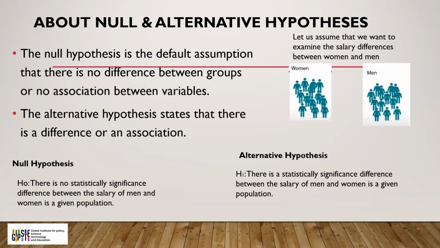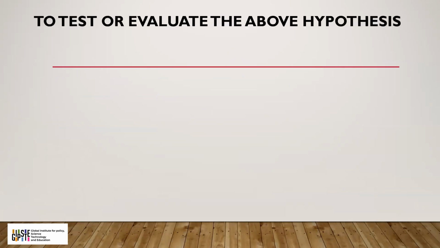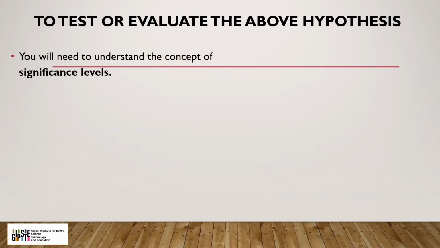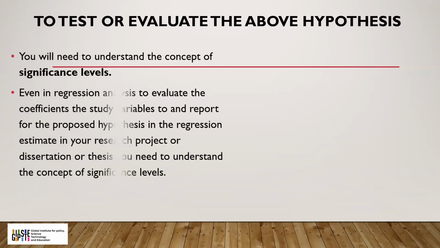So in this case, if you want to evaluate this particular hypothesis, you need to understand your significance level. You need to identify the type of significance level that you're using, or the alpha level that you're using to evaluate the study model or the hypothesis. Very important to take note of that. Underline that. So to test or evaluate the above hypothesis, you will need to understand the concept of significance levels.